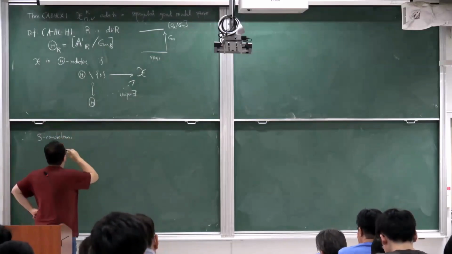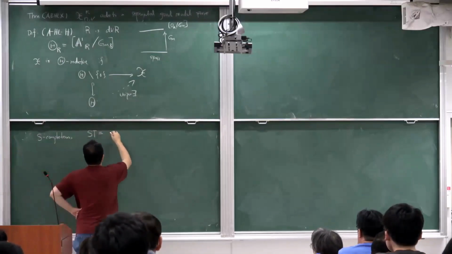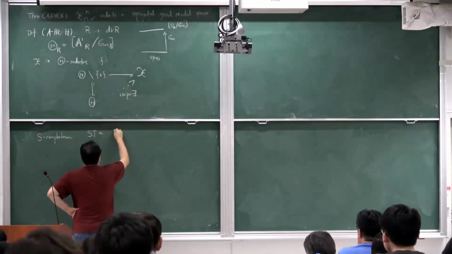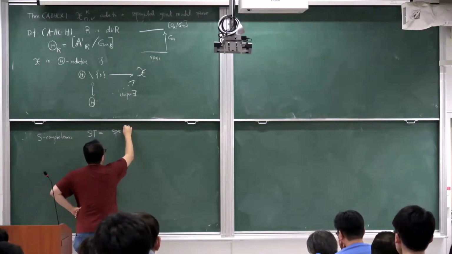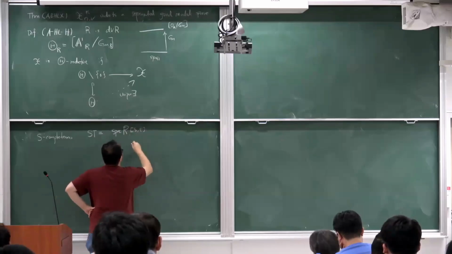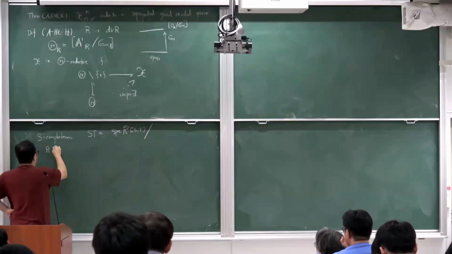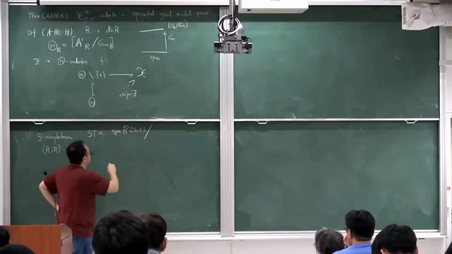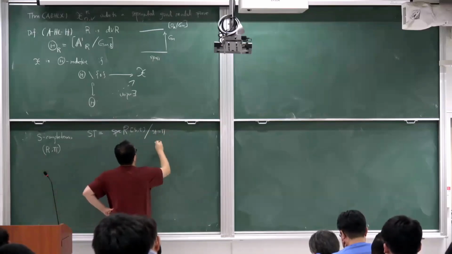Here we consider ST, which is equal to Spec R[s,t]/(st = pi), where R is the DVR with uniformizer pi, so st = pi.